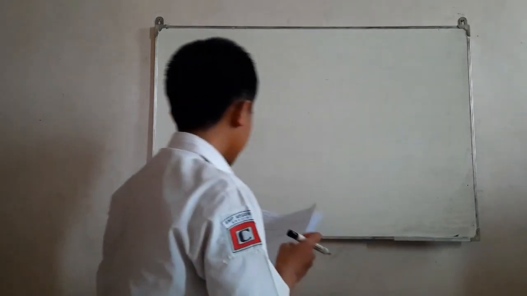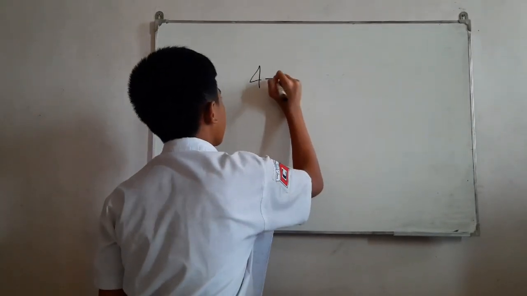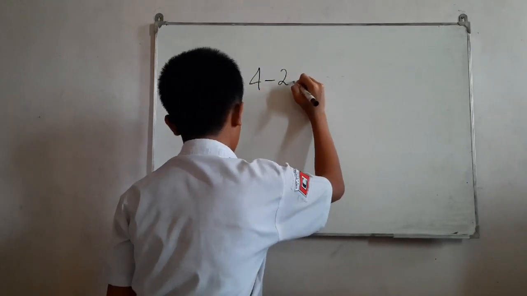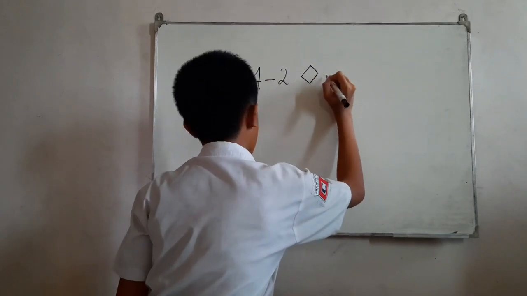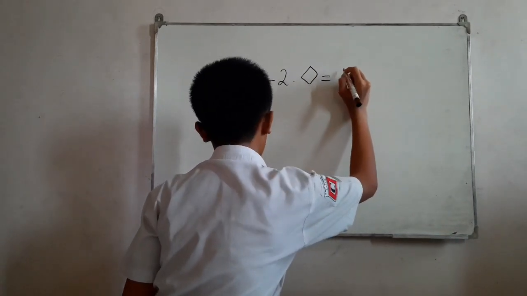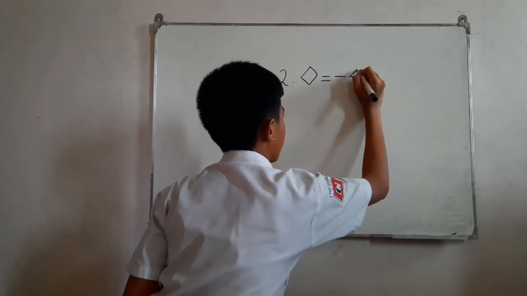The result of my group discussion. First, we write the equation 4 minus 2 rhombus is equal to -4.